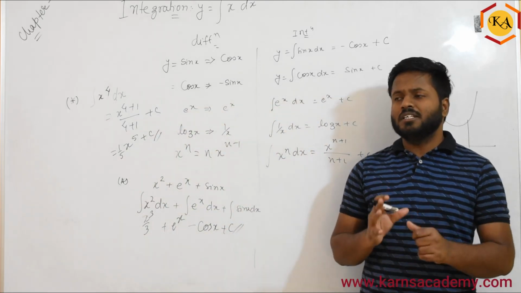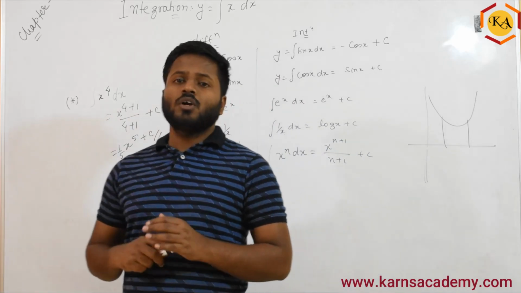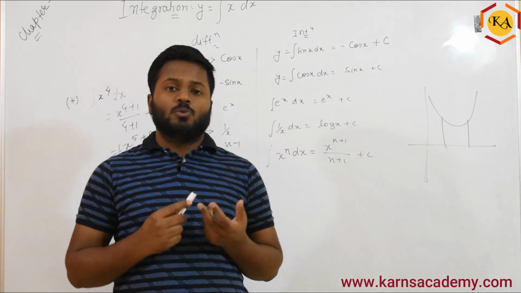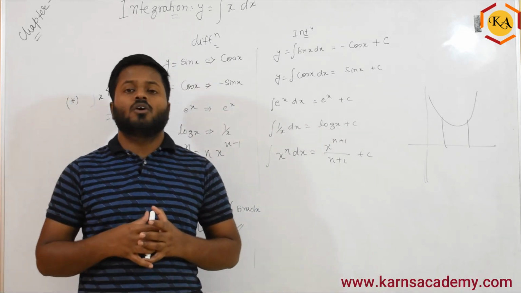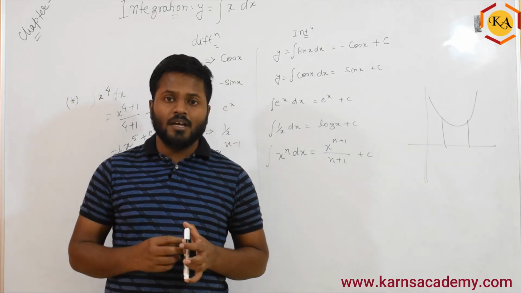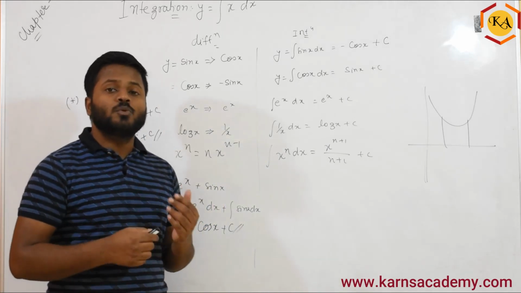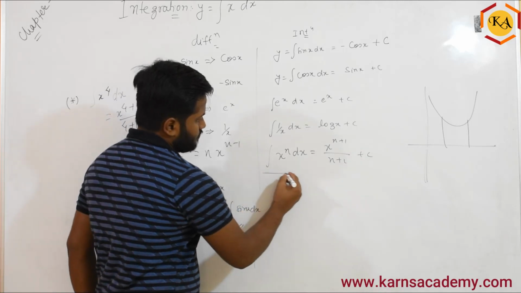So the basic point I'm trying to explain is that we do not have any chain rule, product rule or quotient rule, which means whatever problem is given to us, first we have to simplify and bring it down to a single function where you can do the integration. Let me give you one simple example.